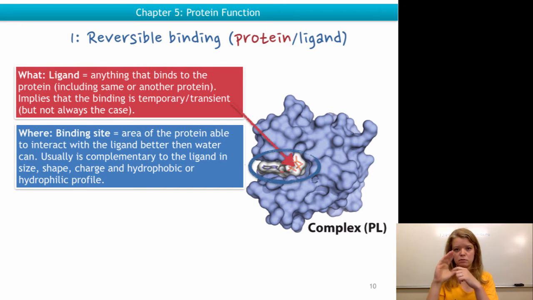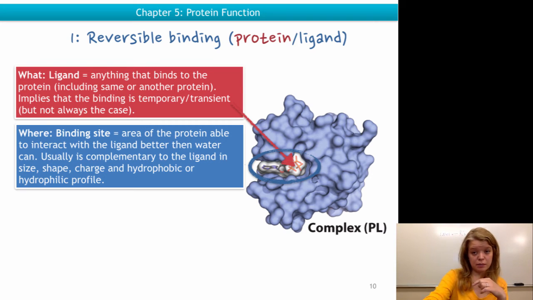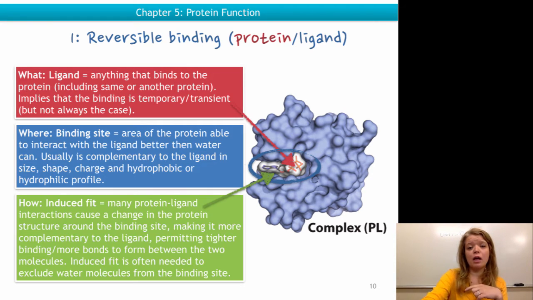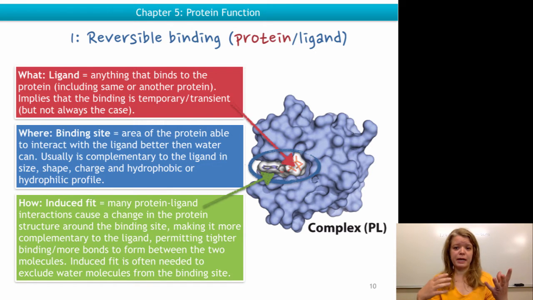So that's the area of the protein that can really well interact with the ligand, specifically better than water. So it will usually be complementary in size, shape, charge, or the hydrophobicity or hydrophilic profile of the side chains present inside the protein in that area. And then finally, how is this binding done?